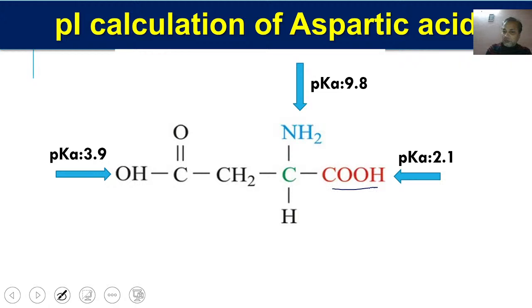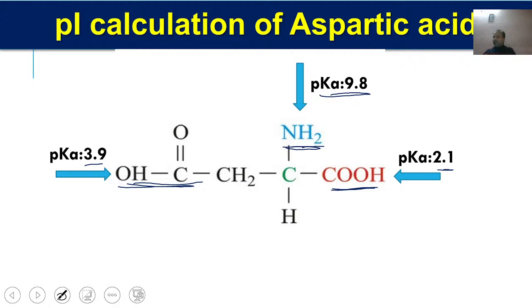One is this one, second one is this one, and third one is this COOH group. All the 3 ionizable groups ionize at different pH. This group ionizes at pH 2.1, this group ionizes at pH 9.8, and this group ionizes at pH 3.9.